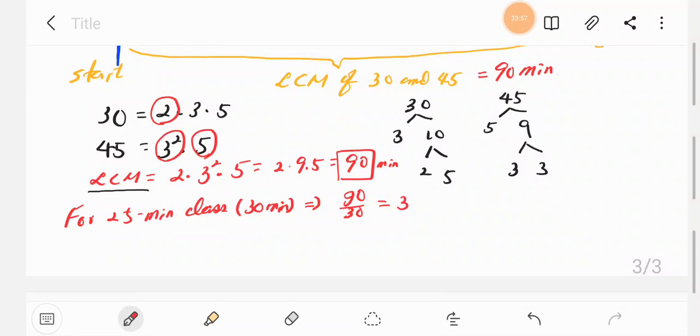So there will be 3 25-minute classes. How about the 40-minute class? The 40-minute class takes 45 minutes, right? Divide 90 by 45, then it will be 2. So there will be 2 40-minute classes and 3 25-minute classes.